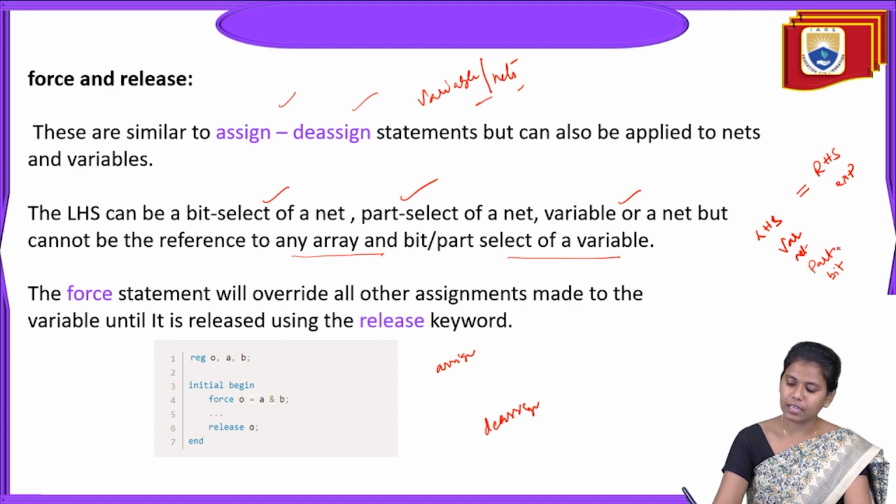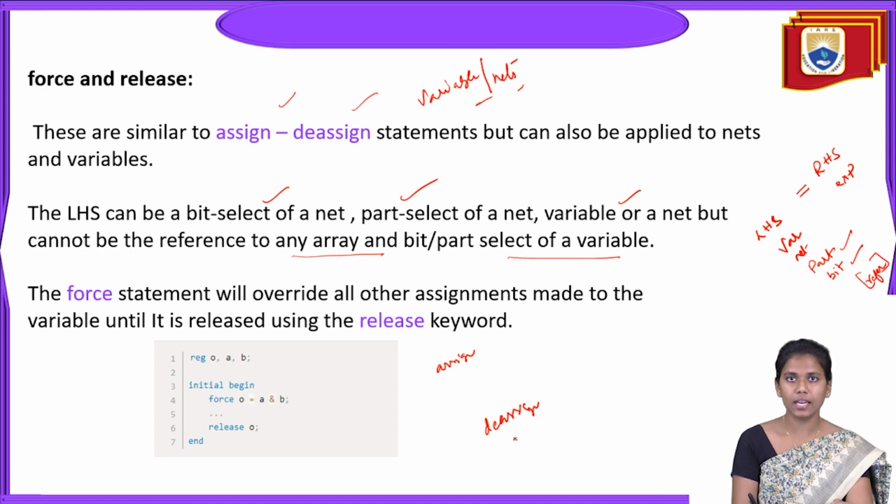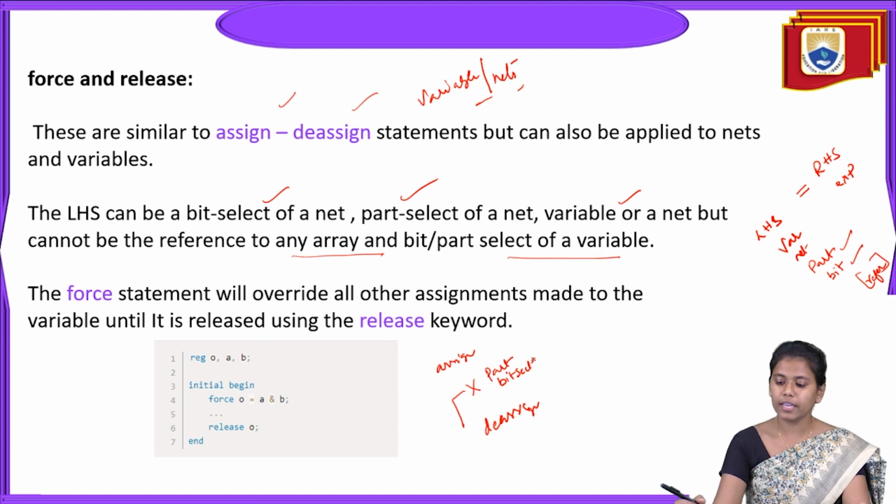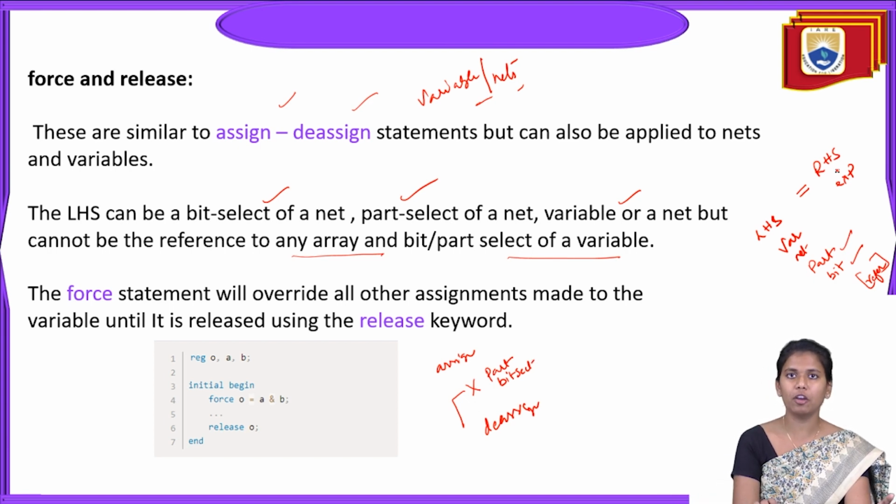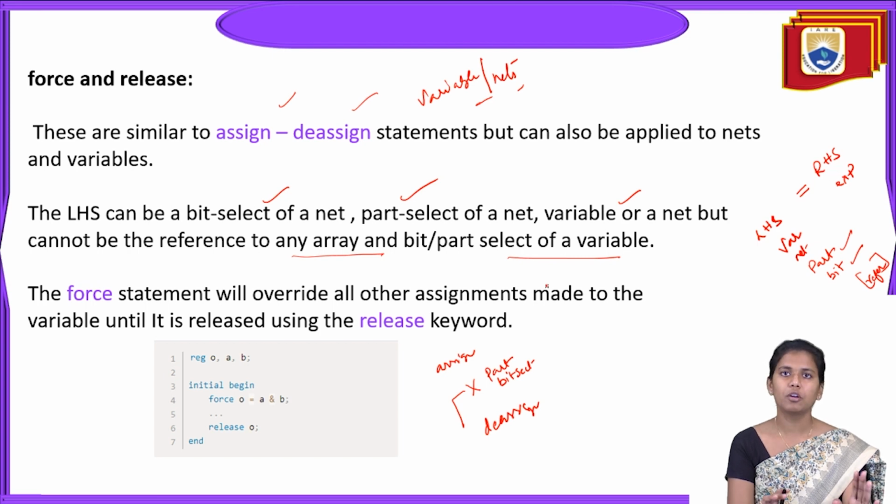But when it comes to assign and deassign, I am saying that it cannot be a part select or bit select. But here in force and release, it can be a part select and bit select, but not the reference of any array or a part or bit select of a variable.